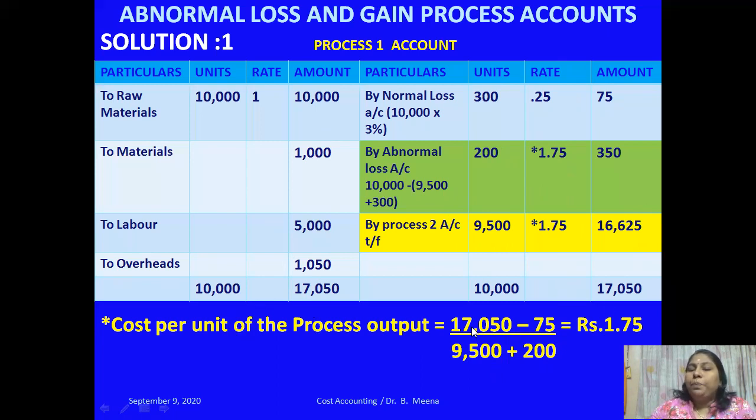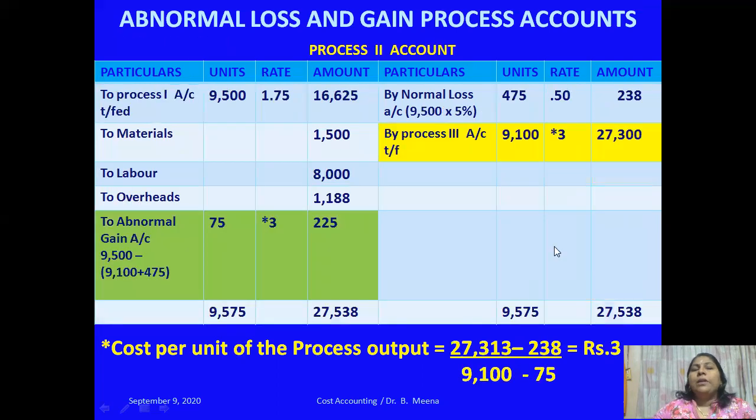Now I am going to prepare the process 2 account. How can I proceed? Transfer this output to the process 2 account as the input. Let me check out the next slide. Now look at the process 2 account. The input is coming from process 1, that's why we mentioned the name as To Process 1 Account. I debited that.